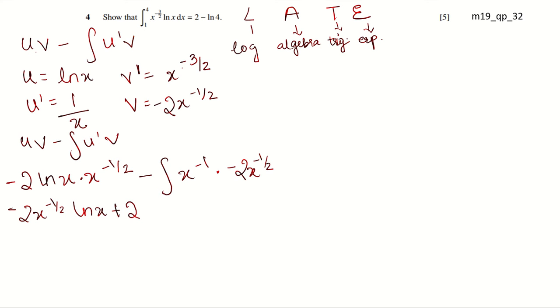Negative negative will become positive, and the 2 will be outside the integral, so it's plus 2. And in the integral sign, x to the power of minus 1 multiplied by x to the power of minus 1 by 2 is x to the power of minus 3 by 2.